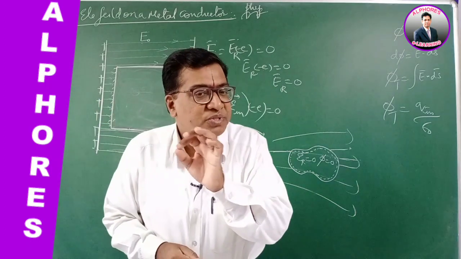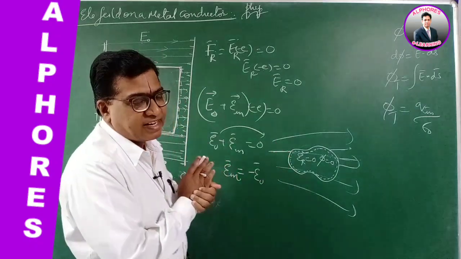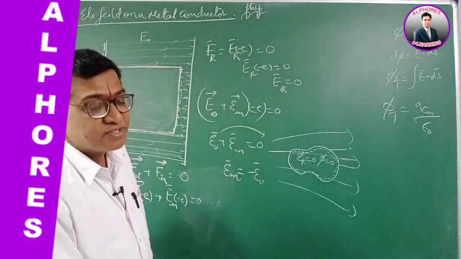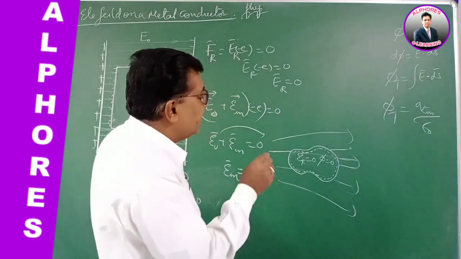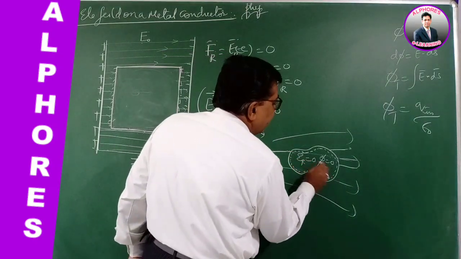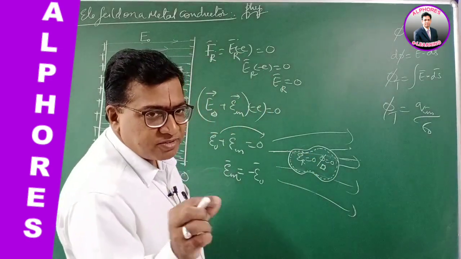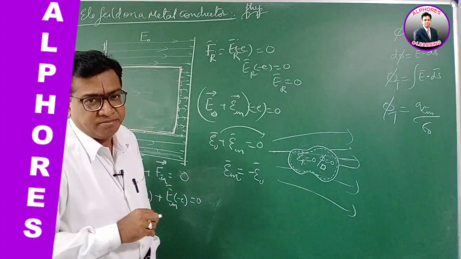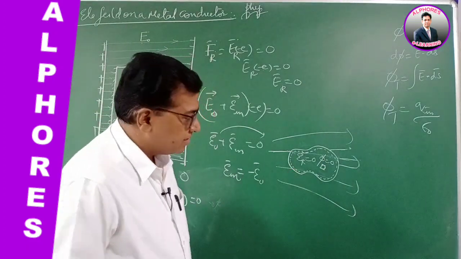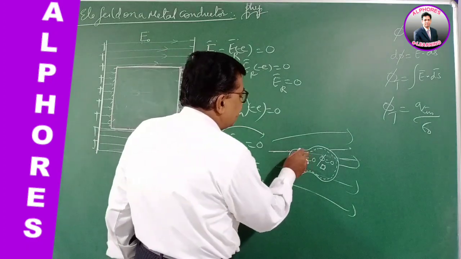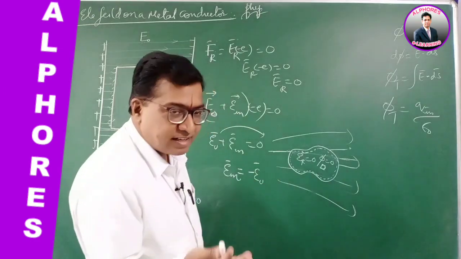So there is no net charge contained inside the metal conductor. Net charge is zero, but it does not mean there is no charge. There are equal and opposite charges in every element. Take any space, in that space the number of positive charges and the number of negative charges will be the same. When a metal conductor is placed in an external electric field, the net electric field at any inside point is zero.